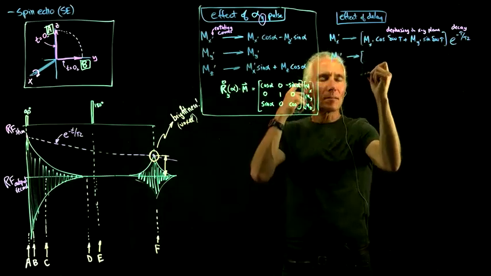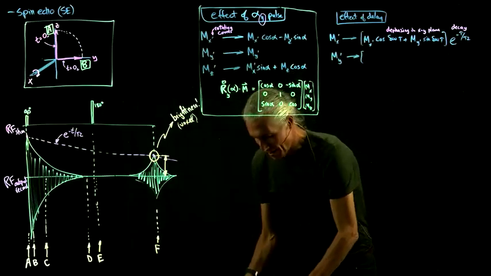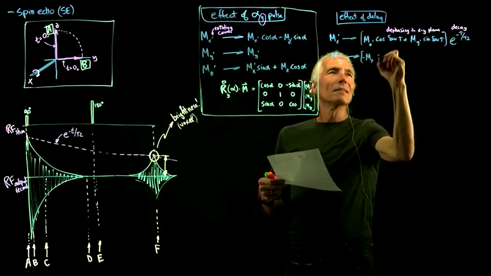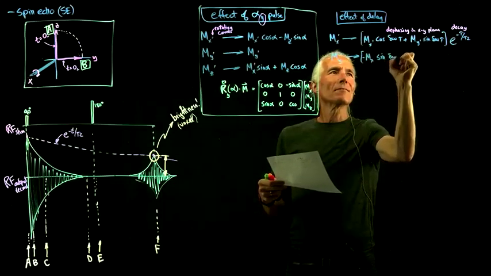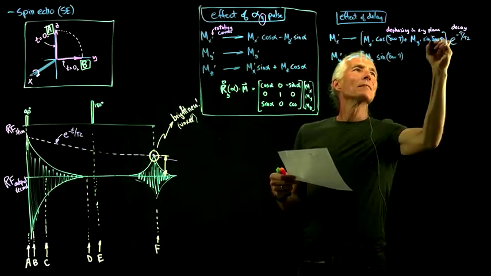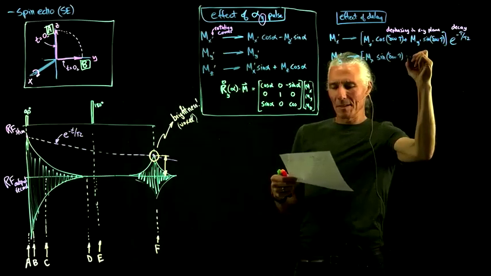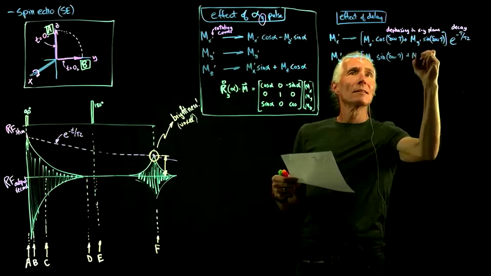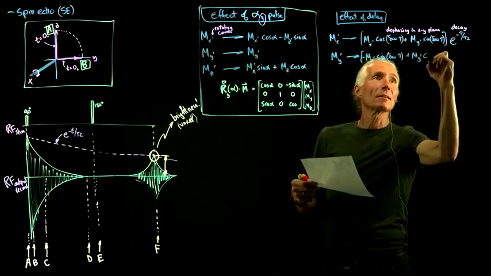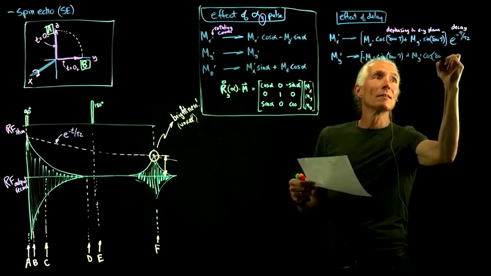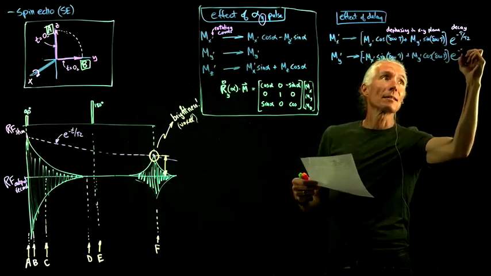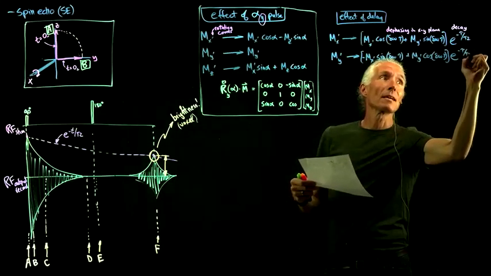That guy is going to be equal to minus mx times the sine of that guy, plus my times the cosine of that guy. Also decaying, because both the x and the y component decay.